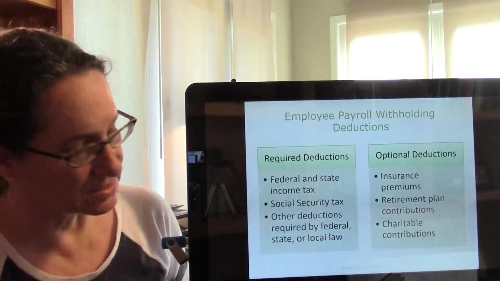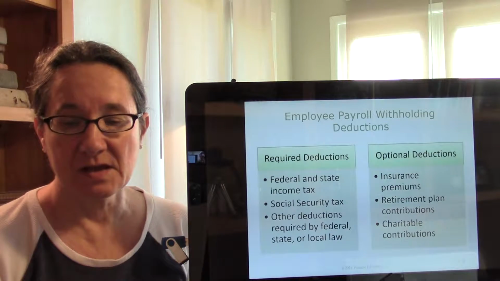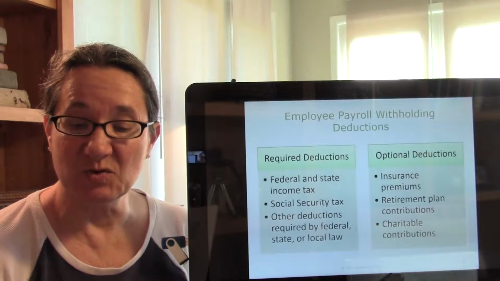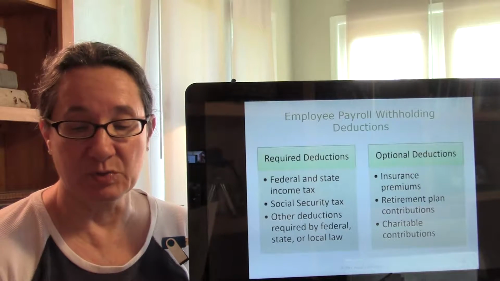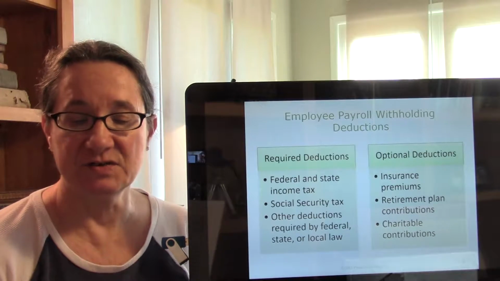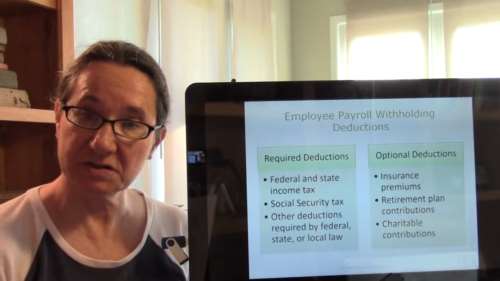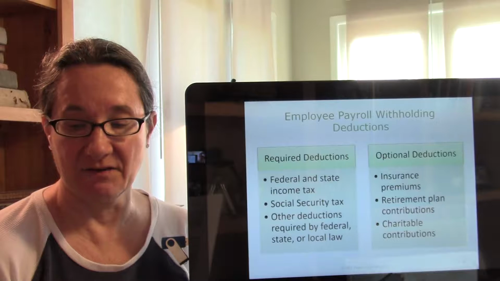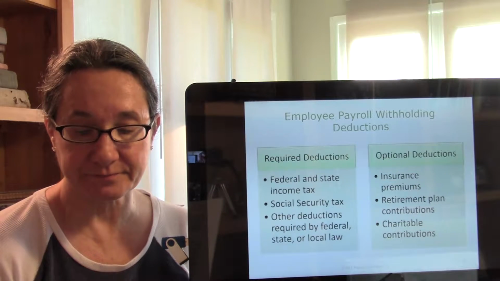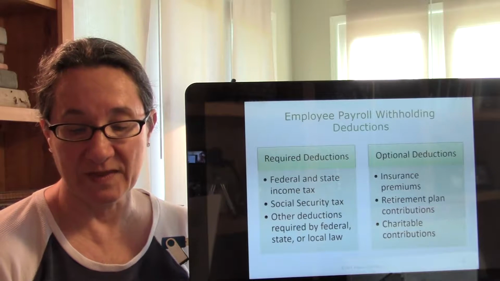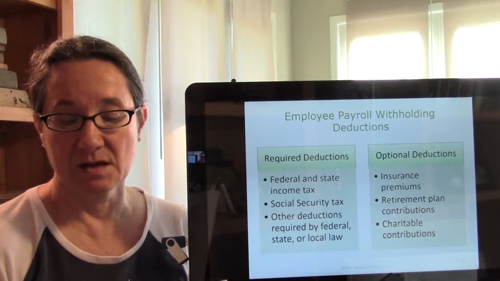So what all kind of deductions go on? Well, the federal government, most states, and many municipalities require employers to deduct taxes from employee paychecks. Insurance companies may also get some of the employee's gross pay. Amounts withheld from paychecks are called withholding deductions.